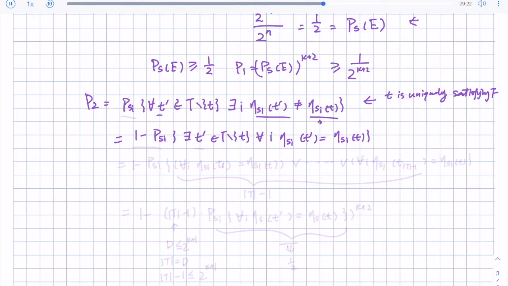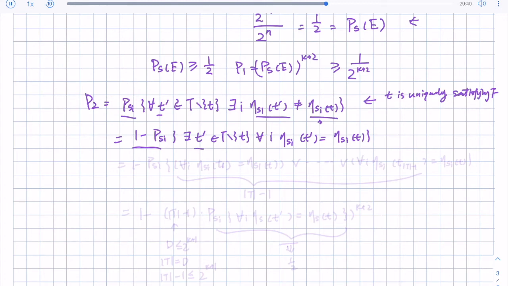We're saying this probability is equal to 1 minus the probability of the thing we don't want to happen, which is some satisfying assignment that's different from T actually satisfying all the gadgets.